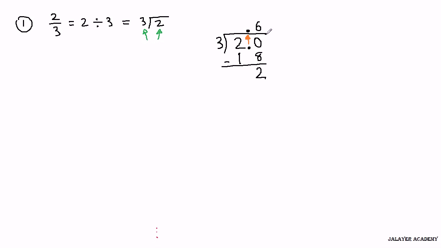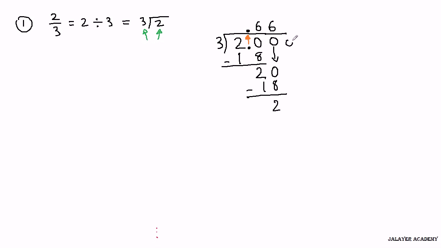So what we need to do is add another 0. We bring that 0 down, and then we ask ourselves, 3 goes into 20 how many times? Well, 3 goes into 20 6 times again. So 6 times 3, again, is 18.